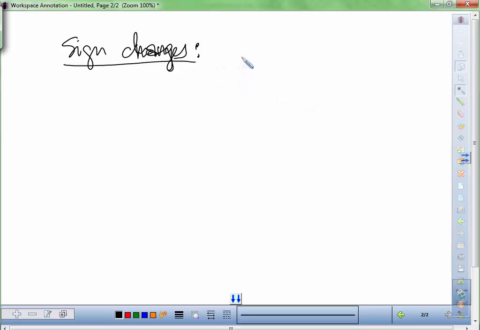So let me add on sign changes. If you have a matrix of any size, each element in the matrix is going to have an assigned sign, positive or negative, and it really just alternates from the first slot.